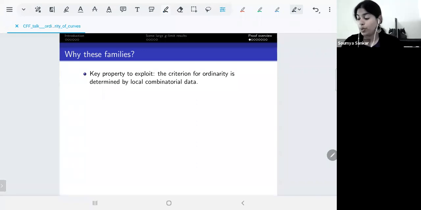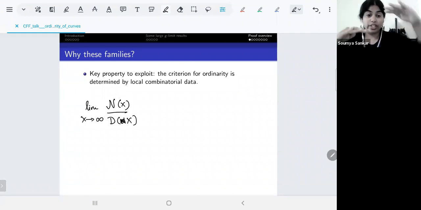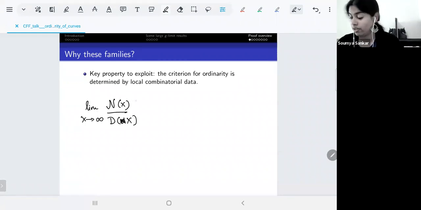So the way these proofs progress is, what are we trying to calculate? We're calculating the limit as x goes to infinity of something that's the numerator over the denominator. And so we individually calculate the order of growth of the numerator and the denominator, and then divide the two.